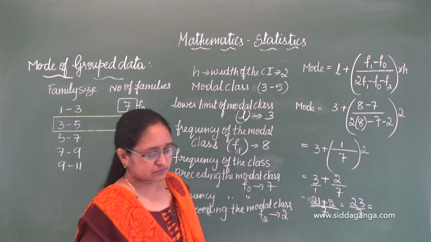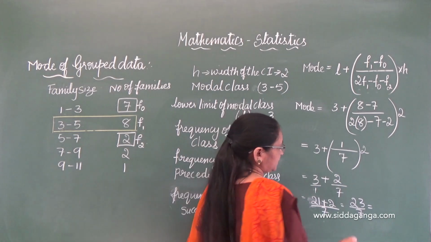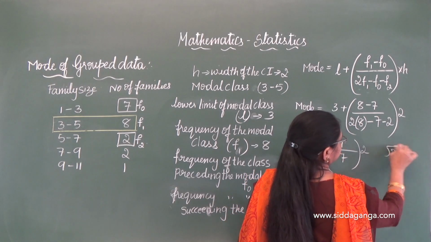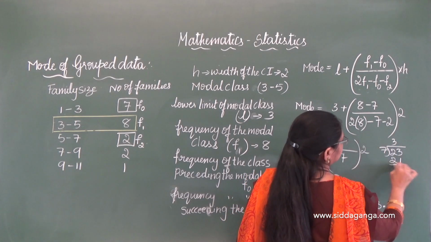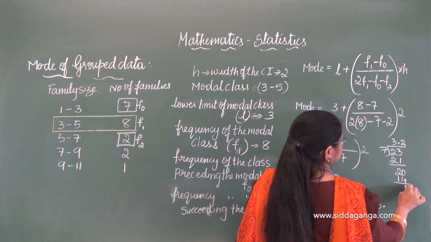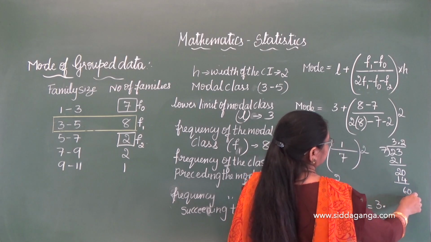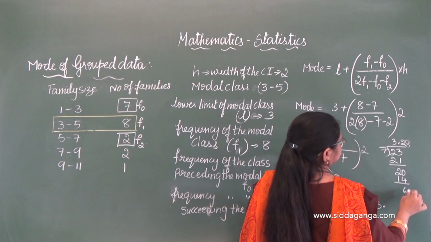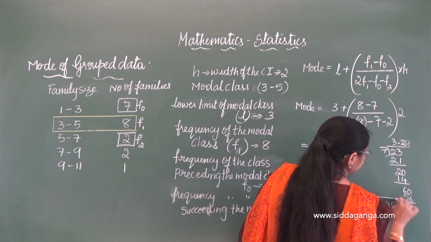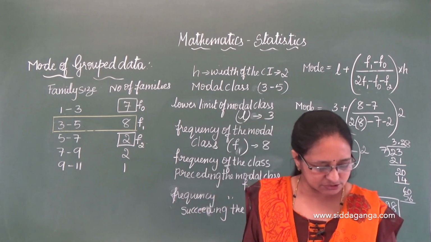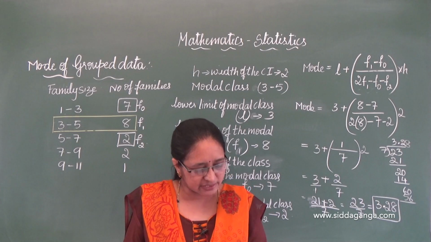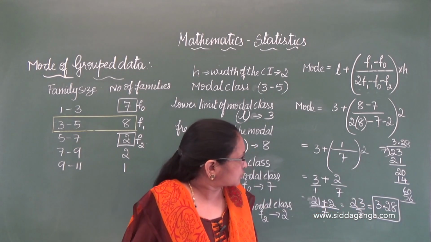So 23 divided by 7, 7 3s are 21, remainder 2, then 7 2s are 14, 6, 7 8s are 56. So for 2 decimal places, that is 3.28. Just check, 3.286 they have given. You can stop at 2 decimal places, or we can go to 3 decimal places.